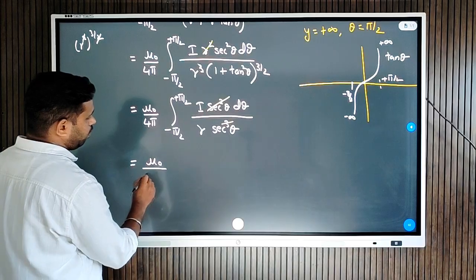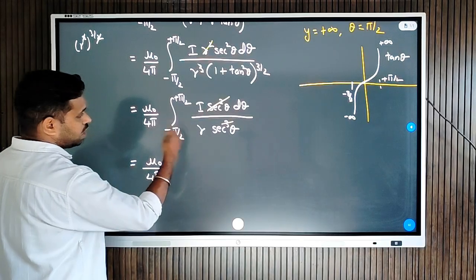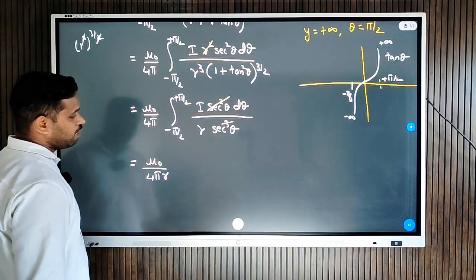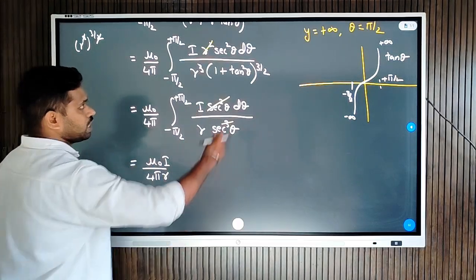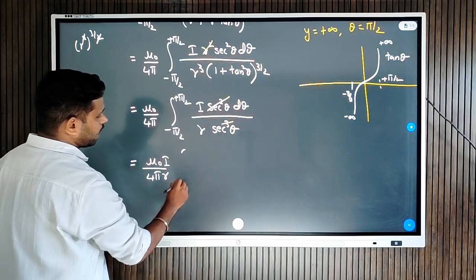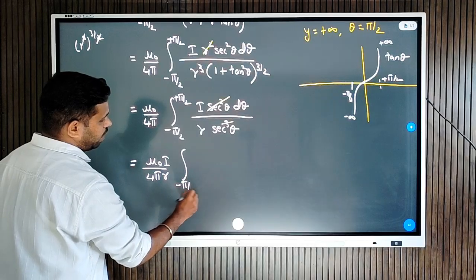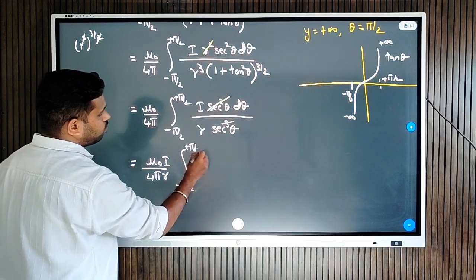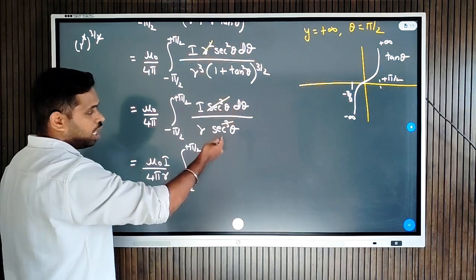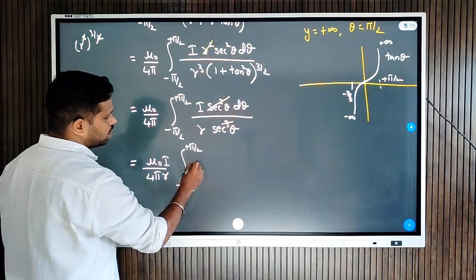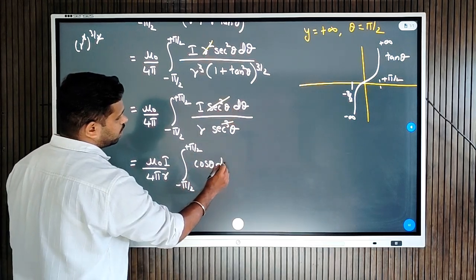Mu naught upon 4 pi, this r I will take out because it is constant. The current I is also constant, and the distance r is fixed, as we have seen in the diagram. So from minus pi by 2 to plus pi by 2, that will be simply 1 upon sec theta d theta, and 1 upon sec theta is cos theta d theta.